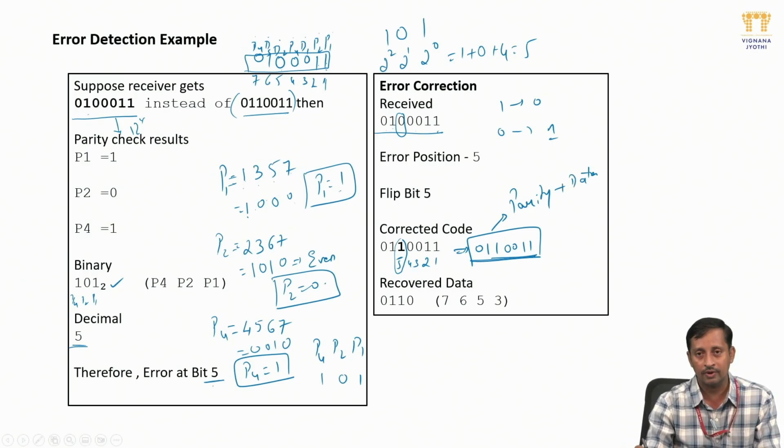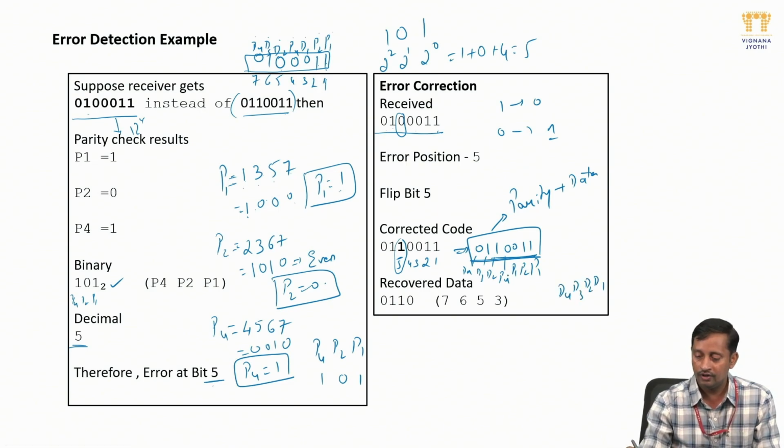How do you recover? Same again, by going with the framing, that is your data frame positions. So this is your P1, P2, data D1, this is for P4, this is for D2, D3, and this is for D4. And what are the data positions? D4, D3, D2, D1.